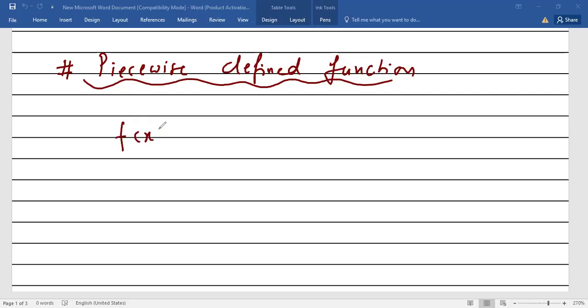You will get something like this: f(x) is equal to x square if x is greater than 1, x plus 1 if x is less than or equal to 1. This is just one example.